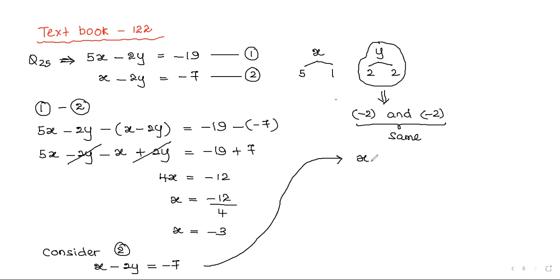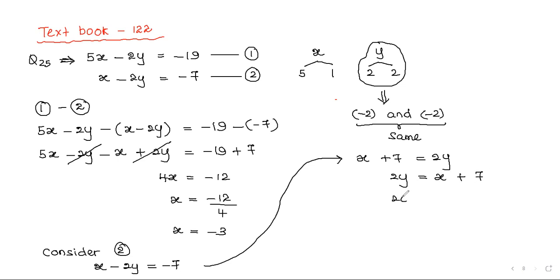How? x plus 7 is equal to 2y. Hope you can understand what I did. I sent negative 2y to the other side, it became positive 2y. And I brought negative 7 to the other side, it becomes positive 7. So now I have 2y is equal to x plus 7.